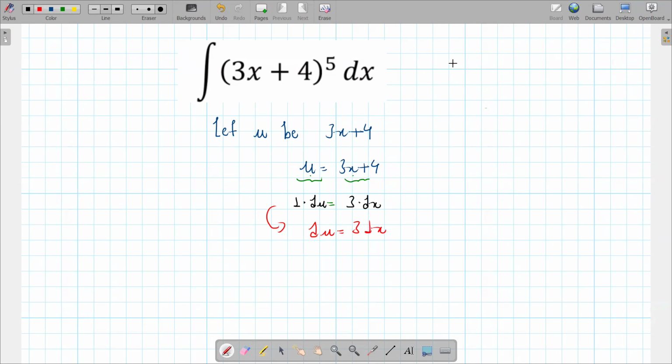So back into the question. Now we don't have 3x plus 4 anymore. We have a u. The power of u is still 5. We don't have dx anymore. We have du. So we need to replace the dx. If du is 3 times dx, what's dx by itself?